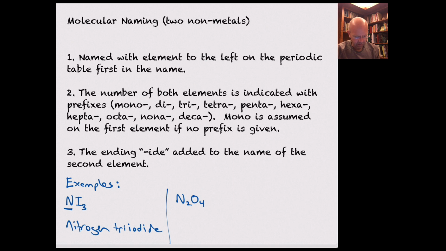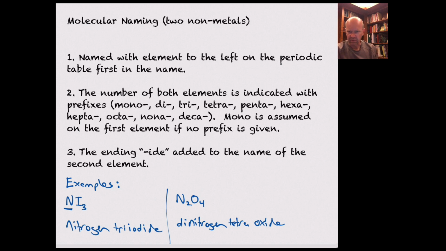Another example is this compound. Again, the first element is nitrogen, and so its name is just nitrogen, the elemental name. But in this case, there are 2 of them, so we would say dinitrogen. And the second element is oxygen. It's the second element in the name, so it's going to get the IDE ending, so it's going to be oxide, right? And there are 4 of them, so we would name it tetraoxide.